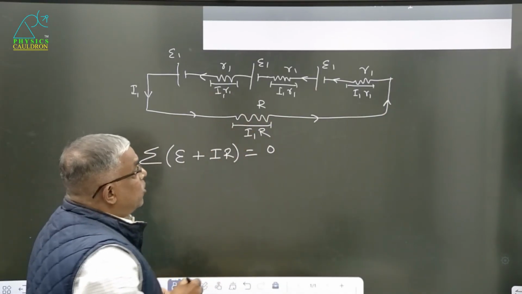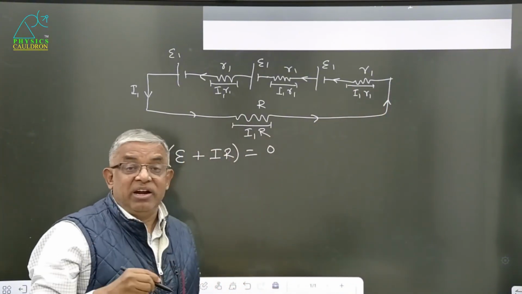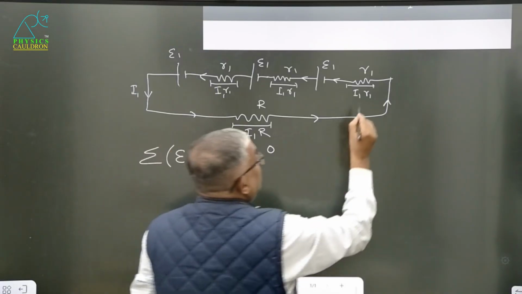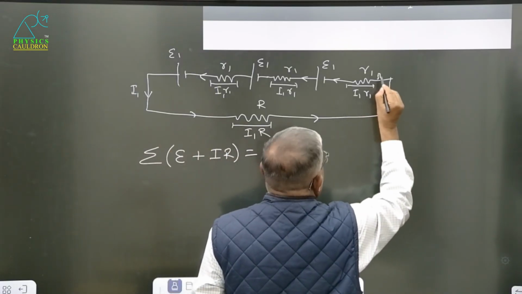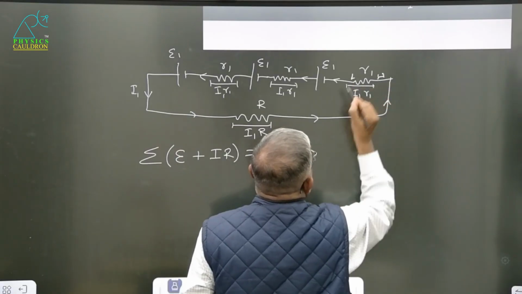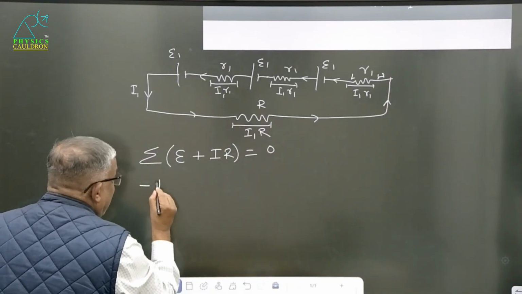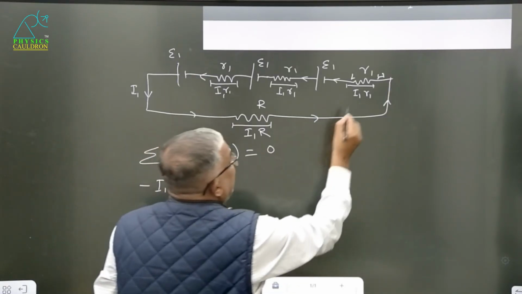First we note that we are going in the direction of current. Going in the direction of current means going from higher potential to lower potential. So we are going down. Therefore, I can write minus I1 R1. We have reached here.